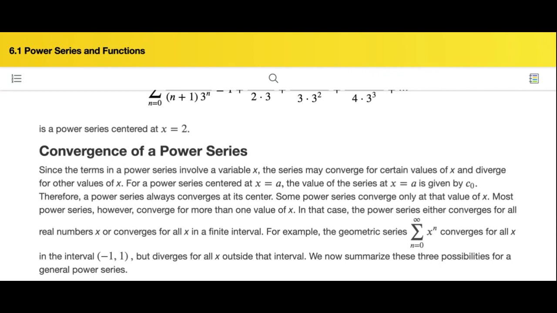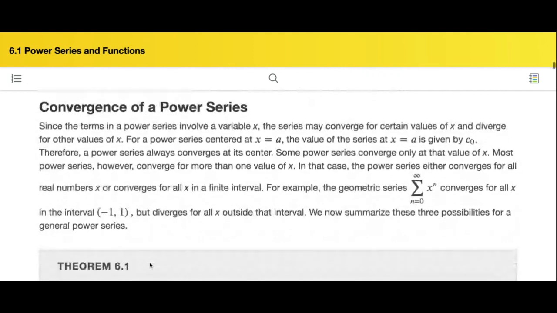Some power series converge only at the one value of x. Most power series, however, converge for more than one value of x. In that case, the power series either converges for all real numbers or converges for all x in a finite interval. The geometric series sum of x^n converges for all x in the interval from -1 to 1, but not including -1 and 1, because the absolute value of x is less than 1.